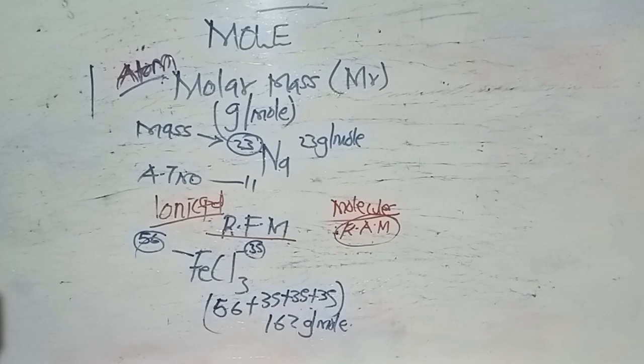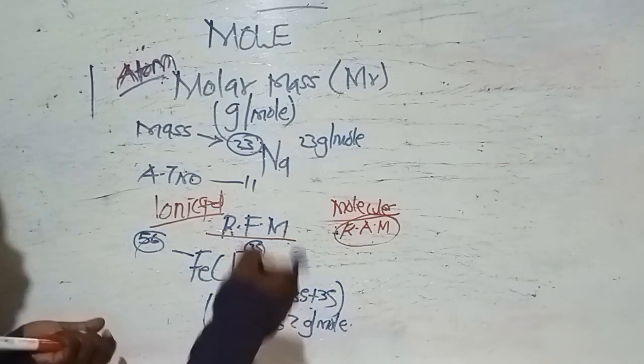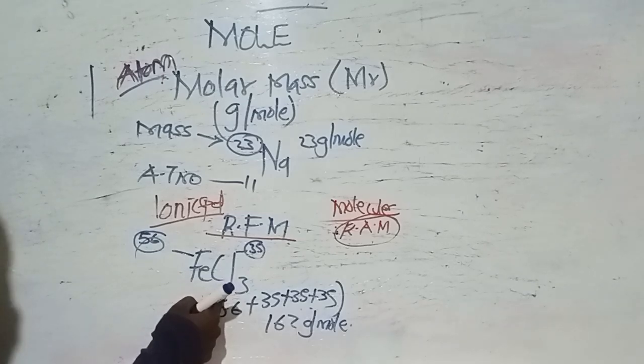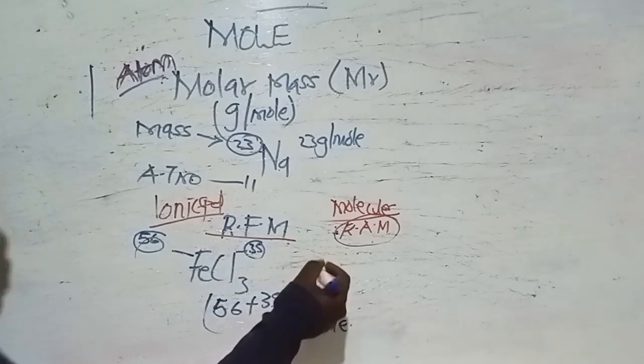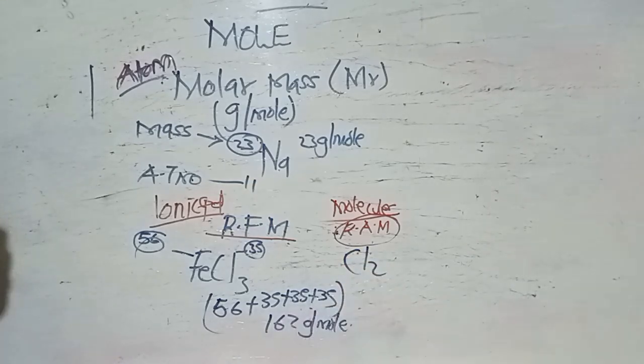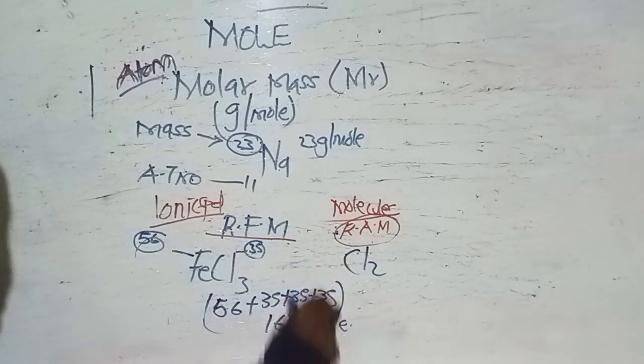An example of a molecule can be oxygen, where you have 2 oxygen atoms combining to form your oxygen molecule. You even have chlorine gas. Chlorine is also diatomic, so you have 2 chlorine atoms joining to form your chlorine gas. So chlorine is an example of a molecule.